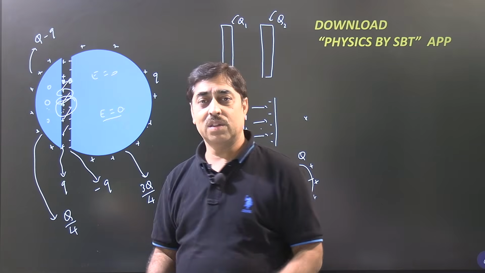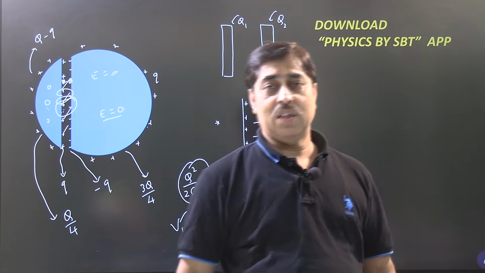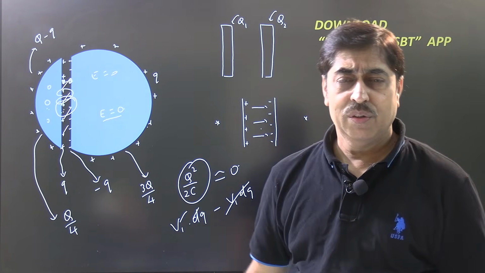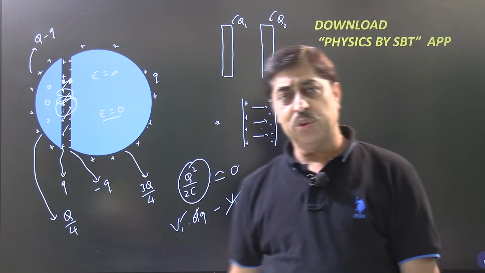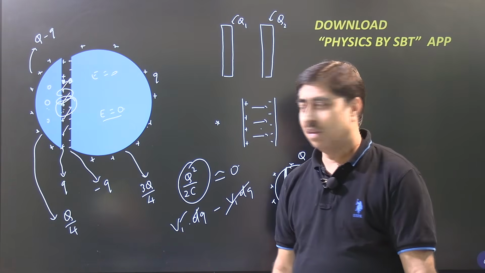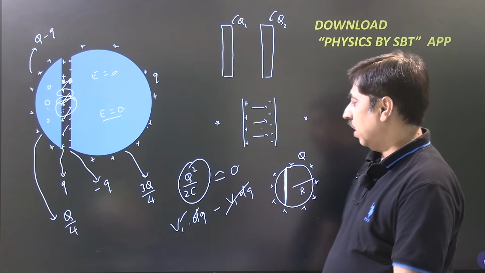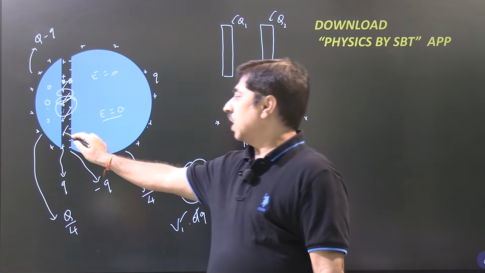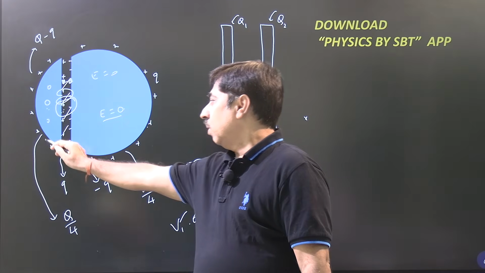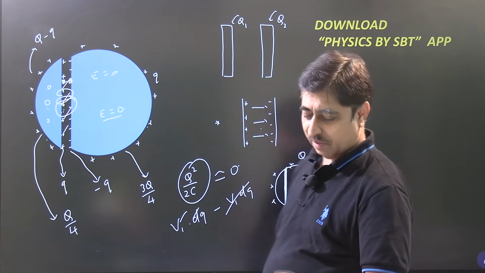So, obviously on the surface of a sphere, the charge will spread uniformly only. So, the charge on the surface is uniform, right? I have written how much charge is present here. I have told you how much charge is present here.